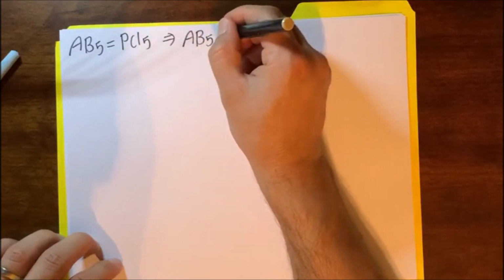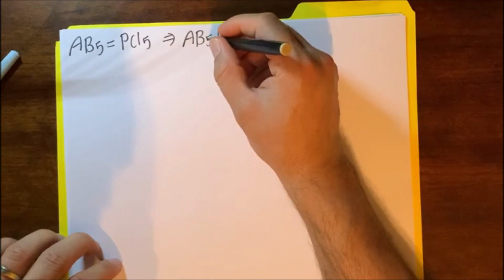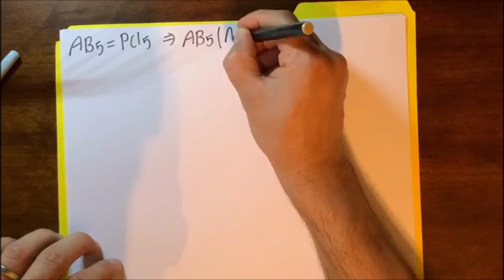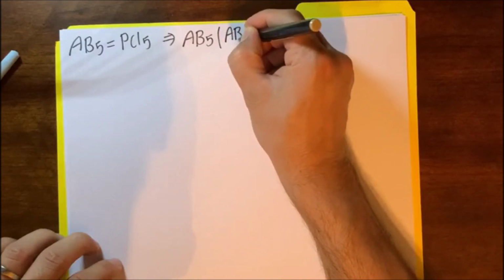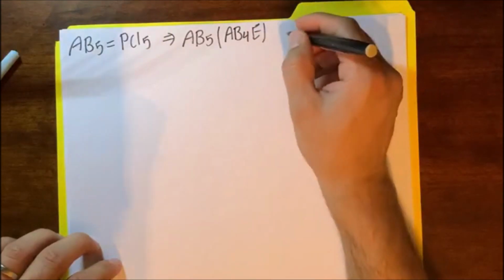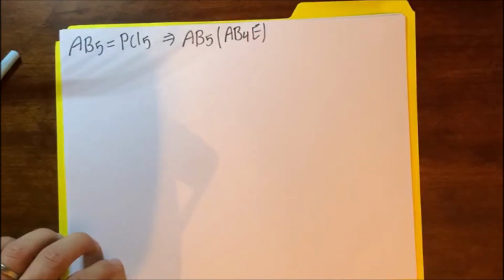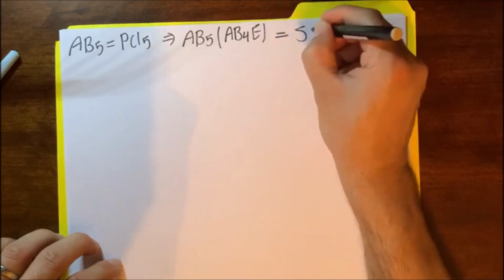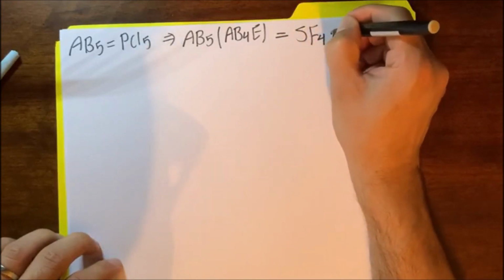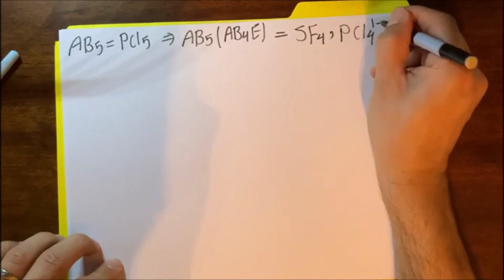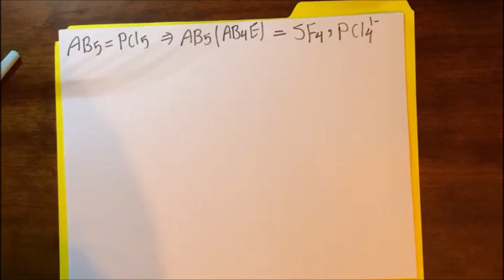Now keep it AB5 family, but I will not have 5 outer atoms. I will have 4 plus 1 lone pair. An example we can go with is SF4, or PCl4 minus 1. It doesn't matter which one; you should practice.